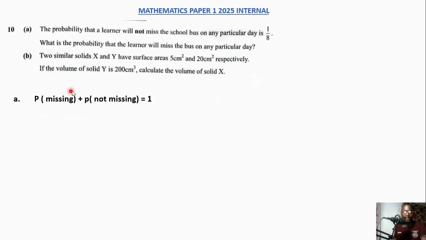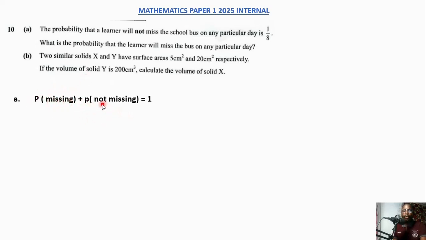Now what are we finding? They're saying, what is the probability that the learner will miss the bus on a particular day? So the probability of missing the school bus on a particular day, that is what we are looking for.